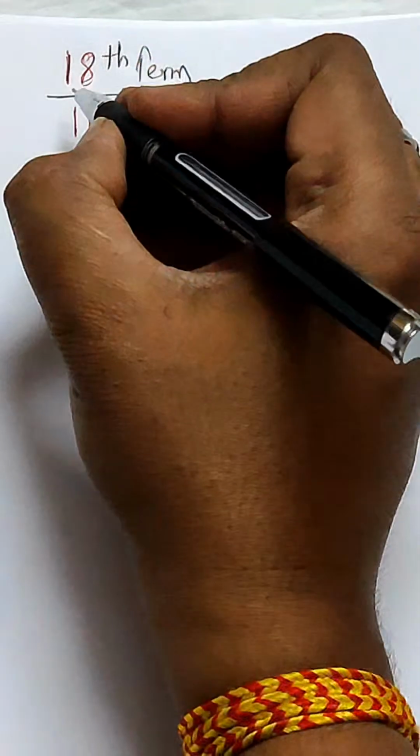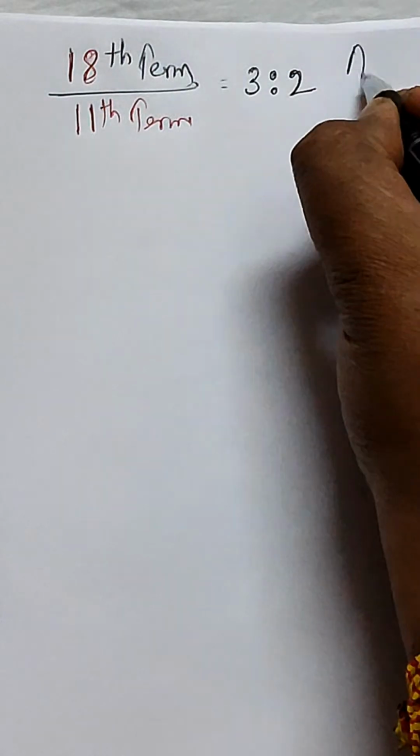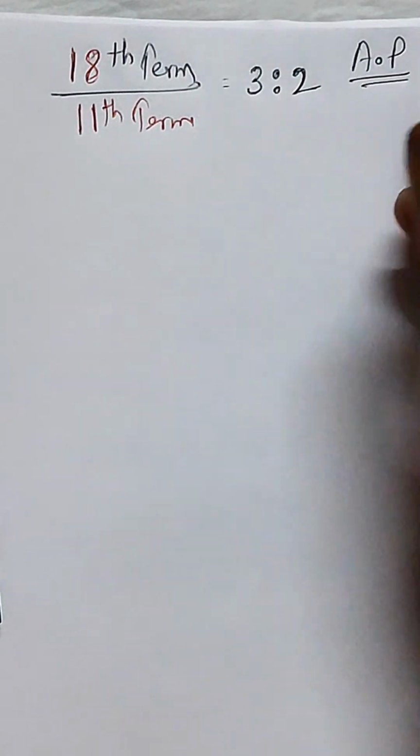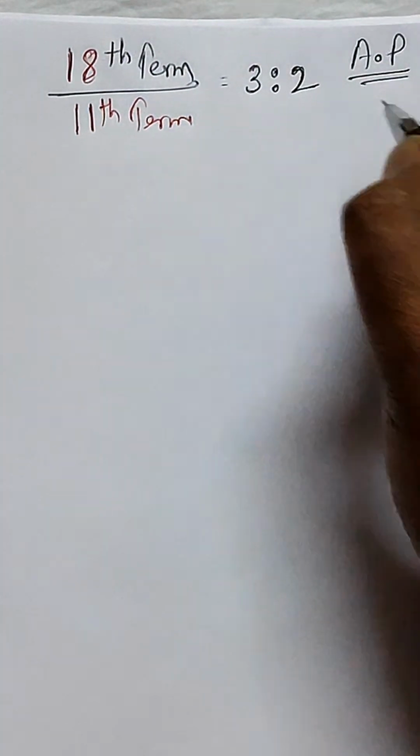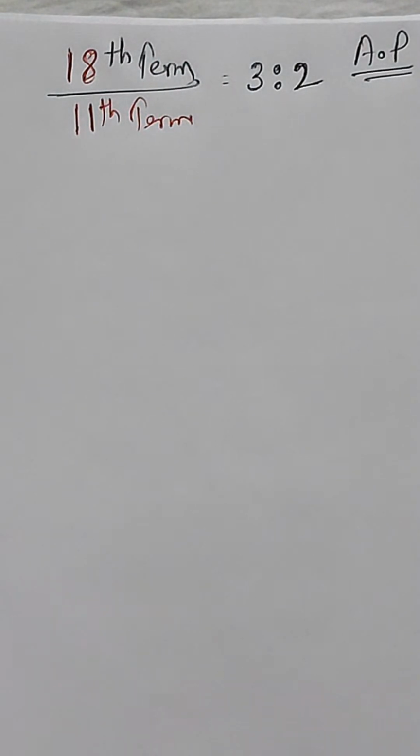So this data is given in the question. Okay, and it's an AP, arithmetic progression, right? The series is in AP.